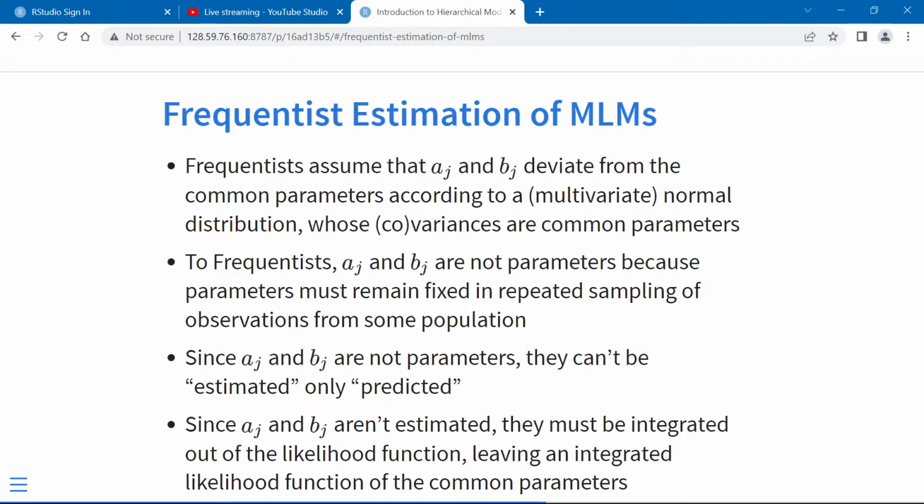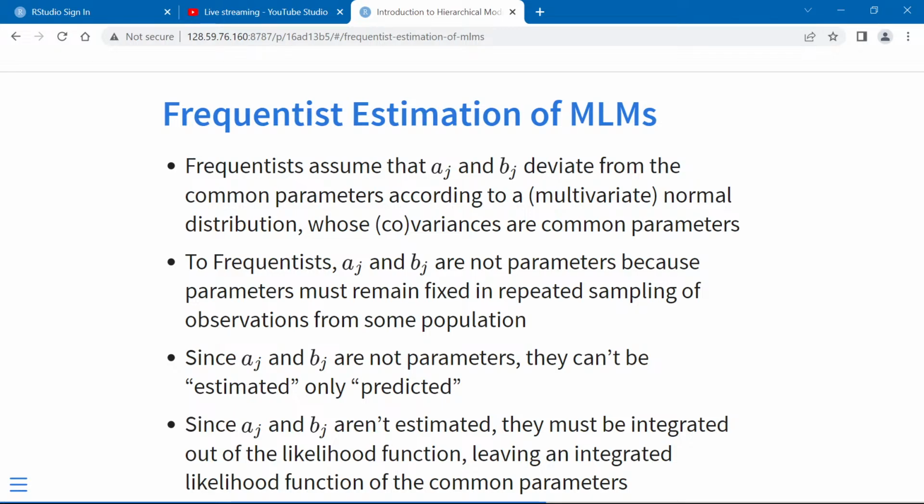So just a little bit more about the frequentist thing. The frequentist perspective of these hierarchical, otherwise known as multi-level models, assumes that the A sub j's and the B sub j's deviate from the common parameters according to a multivariate normal distribution whose variance and covariance are common parameters to be estimated.